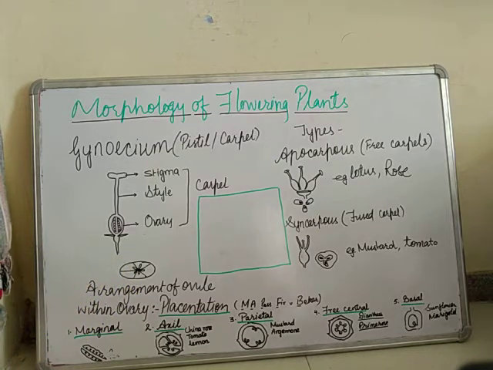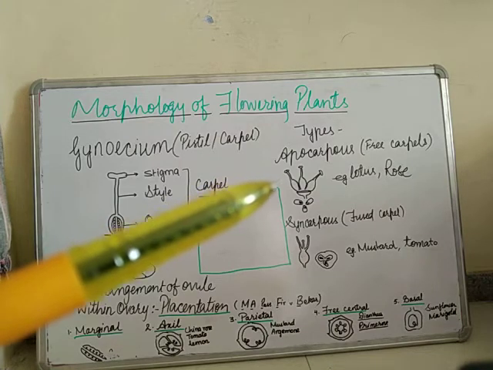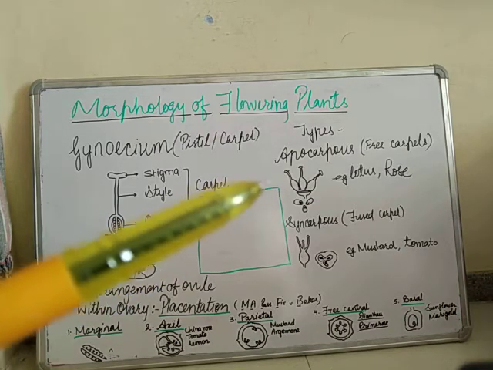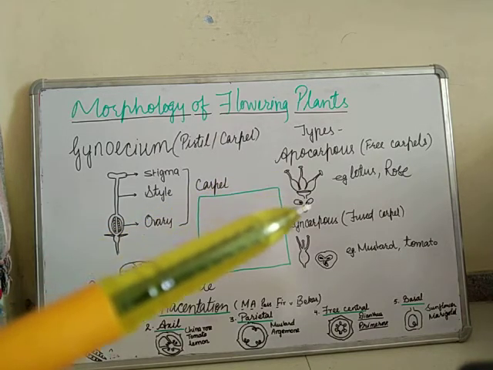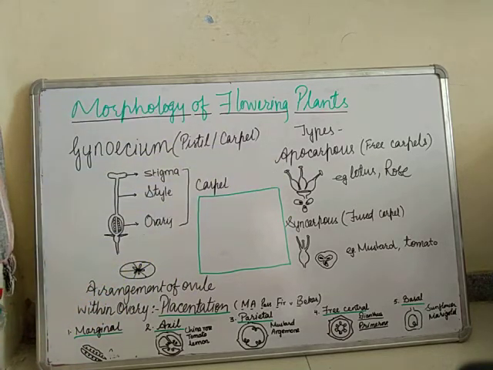Now when more than one carpel is present, they may be free, as you can see in the apocarpous condition. Here the carpels are free, so such a condition is called apocarpous.